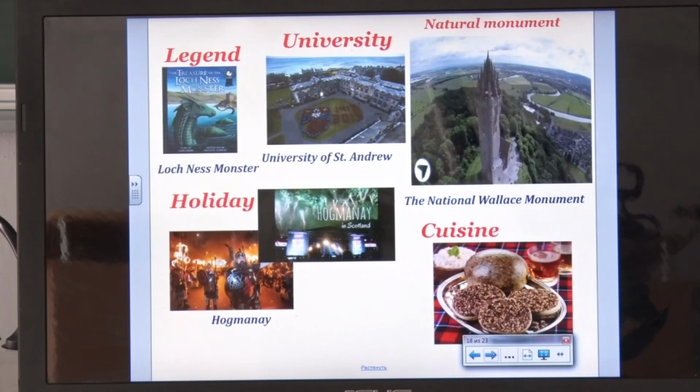Scotland is very famous for its landscapes, pictures, magnificent sightseeing and breathtaking views. The University of St. Andrews is thought to be one of the best universities in the United Kingdom. Legend: the Loch Ness Monster.